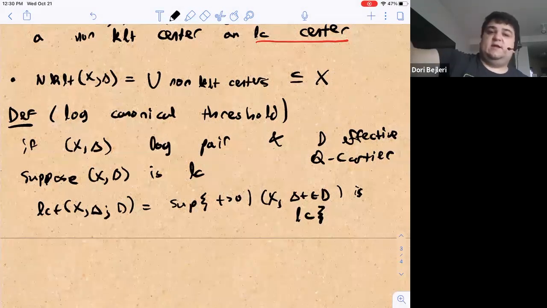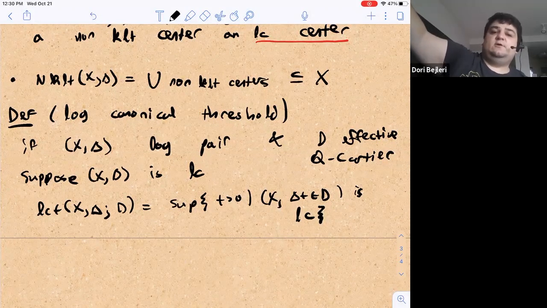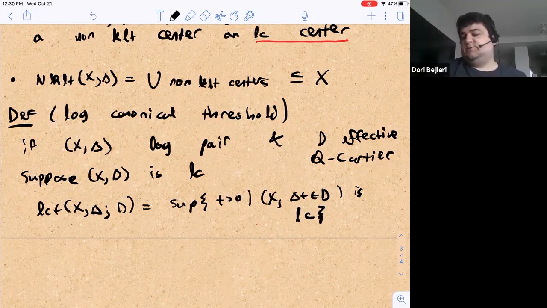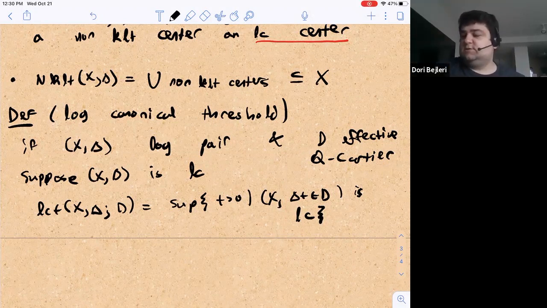And by our previous continuity results, let's say we're in the nicer situation where (X, Δ) is KLT, instead of strictly log canonical. Then for any t smaller than the threshold, this new pair is also KLT. And so this threshold is just where you exactly hit this log canonical boundary, the closure of the KLT locus.